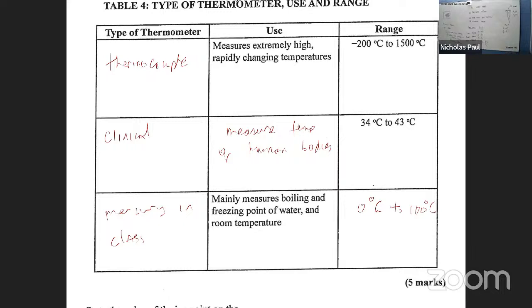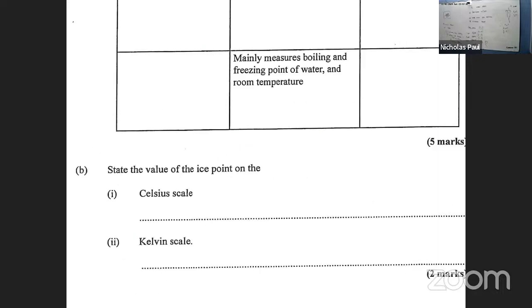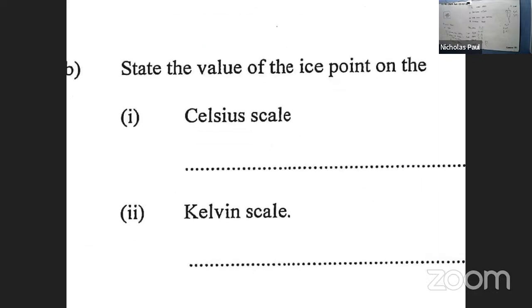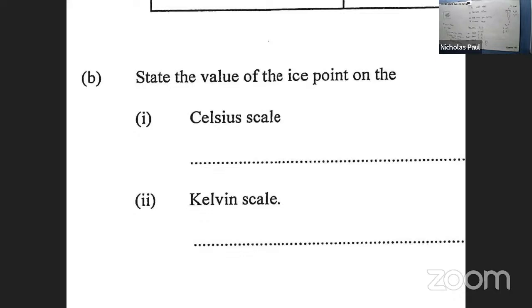Ready? Let's go again. Next part. You can see the steady ice point in Celsius and Kelvin. Easy marks, right?